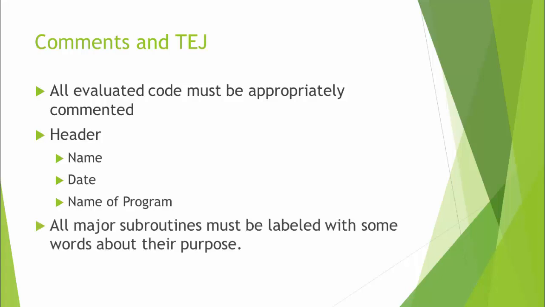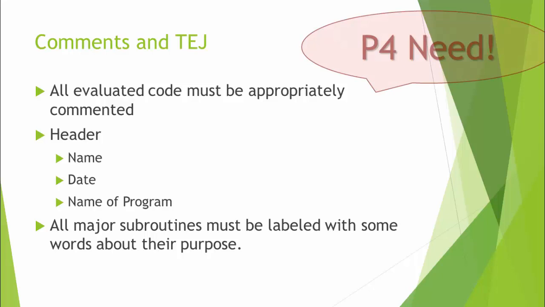And each major subroutine should also be labeled with some words about its purpose and potentially some kinds of inputs and outputs that might be used with it. If you want to get the highest possible marks, you must do good commenting. This is the communication portion of this, and this is common across all courses in programming.